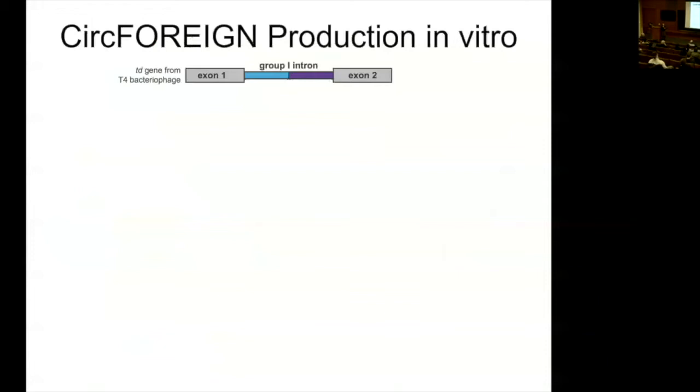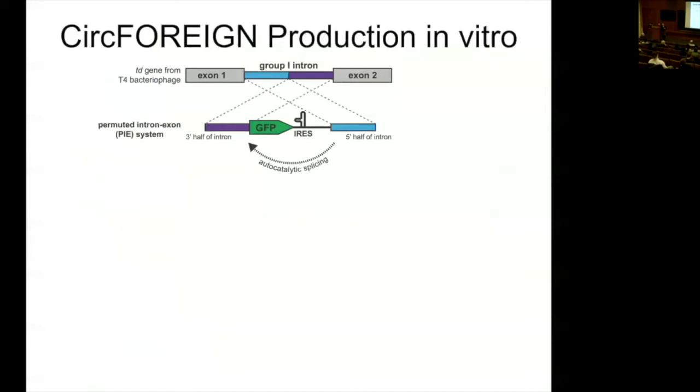We found that if you take this group 1 intron and permute the order, you take the 3' end and put it upstream of a gene of interest, and the 5' end downstream of a gene of interest, whatever is in between these two pieces will autocatalytically splice itself into a circle during in vitro transcription without the addition of any other protein components.